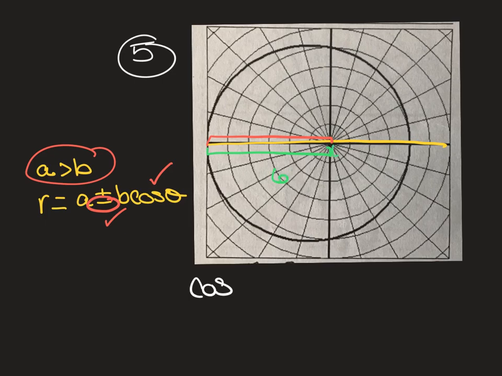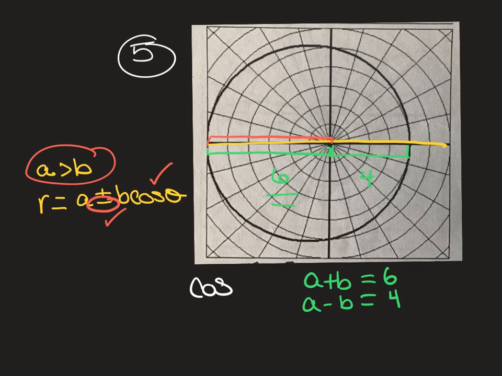And if you count this length here, it's 4. So we're looking for 2 numbers, which we call A and B. A plus B has to add up to equal 6, the bigger side. And then A minus B has to equal 4.